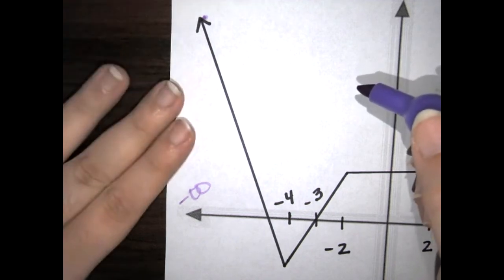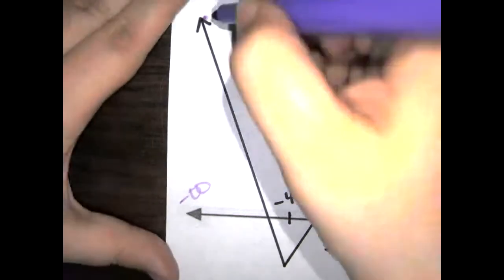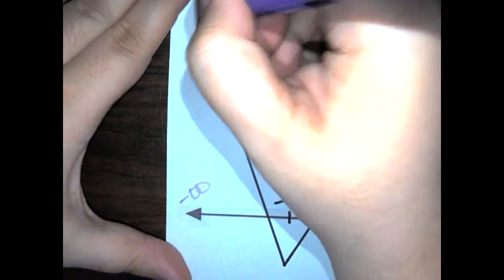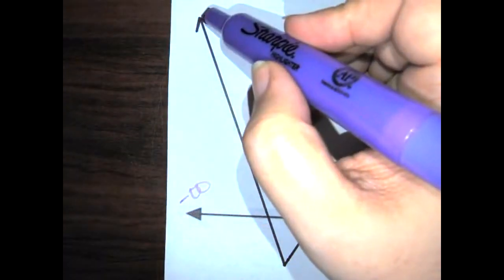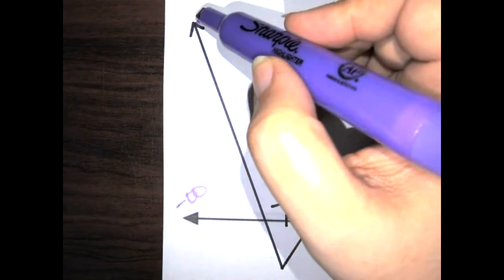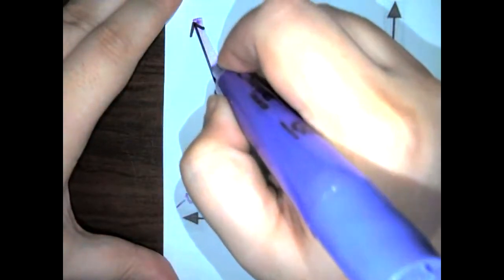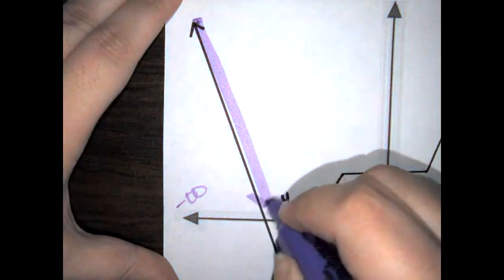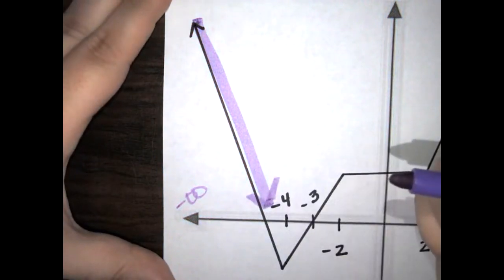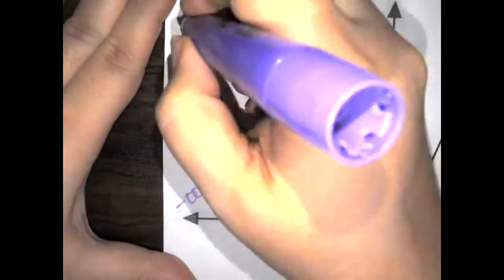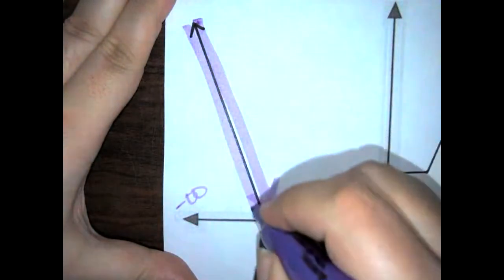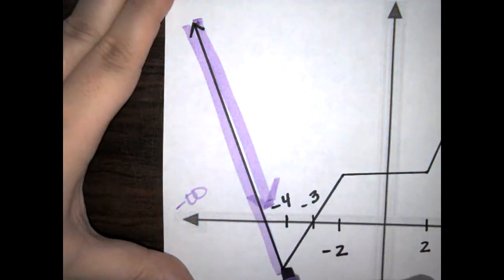Notice my pen is starting up here towards the top of my page, or the top of my desk. And notice when I draw, I am drawing in a downward direction. And I would keep drawing all the way down to where I change direction.